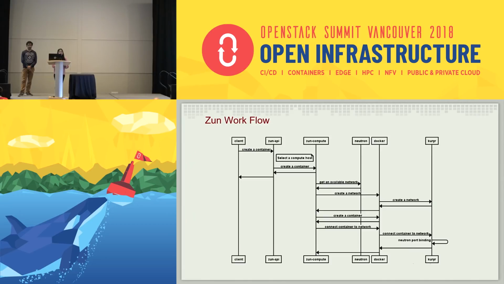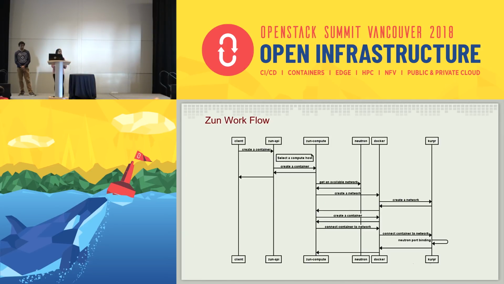Then the compute service talks to Neutron to get the available networks. If it gets the network, it sends the request to Docker to create the network for you. For Docker we have this plugin, Kuryr, for the networking purpose. Docker sends the request to Kuryr to create the network, and then Kuryr talks to Neutron for creating the network and port that is needed for the container.